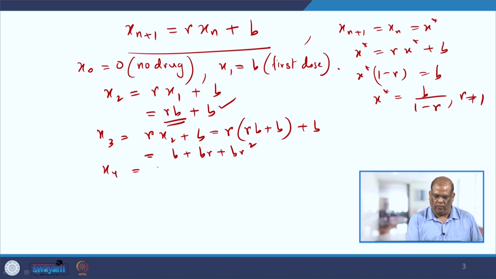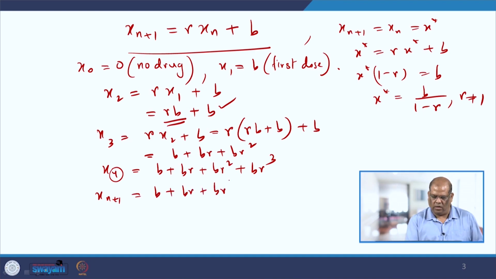Similarly, x 4 will be b plus b r plus b r square plus b r cube. So, just one less. In a similar manner, x n plus 1 will be b plus b r plus b r square till b r to the power n.